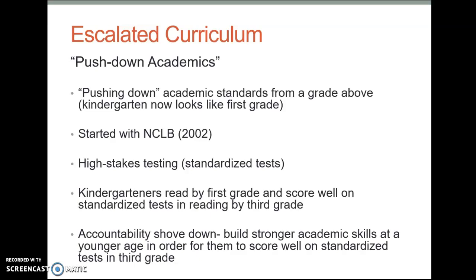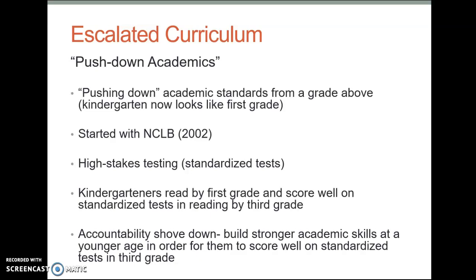And what we mean by that is that we have been pushing down academic standards from a grade above, which means that today's kindergarten now looks more like first grade, and first grade looks more like second grade, etc. So things that children do in kindergarten now are much different than they used to be, and have pushed kindergartners out of that developmentally appropriate range for curriculum and activities and expectations.